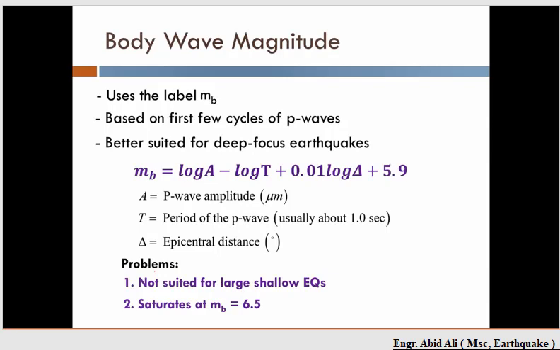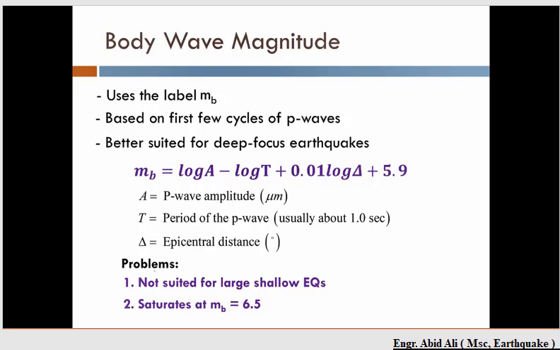Well, if you have a surface wave magnitude, then you need to have a body wave magnitude, and we do, and that's labeled with an M with a little sub b there. And this is based on the first few cycles of arriving P waves to the instrument.